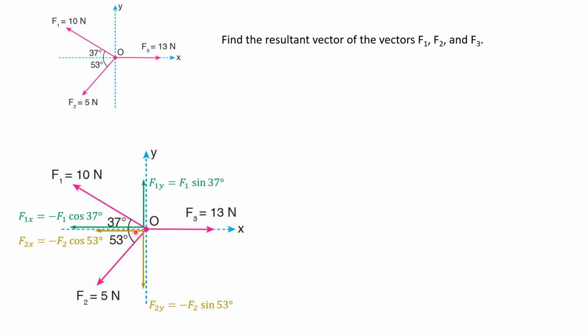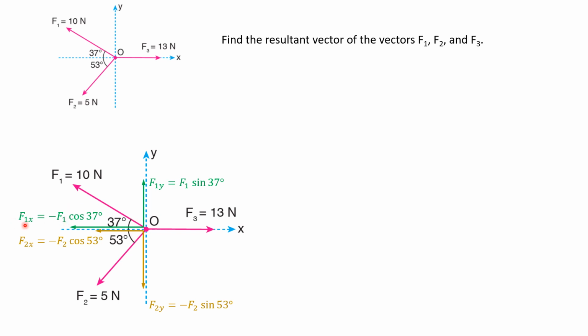Similarly for f2, you have a negative x component and also a negative y component, because the x component of f2 is pointing in the negative x direction, and the y component of f2 is pointing in the negative y direction, right? And it's similar to what we've done earlier.